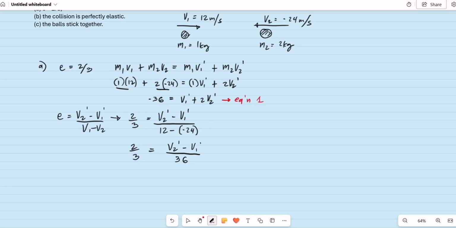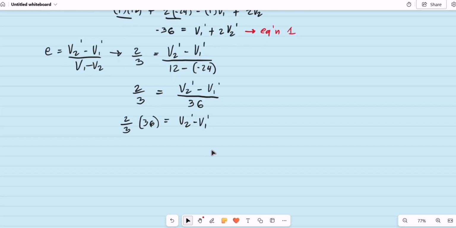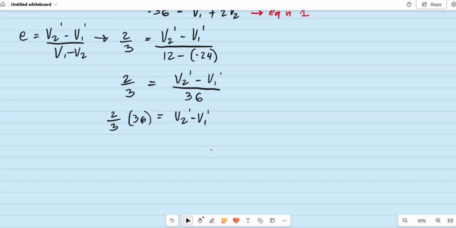By cross multiplication, this is now 2/3 of 36 equals v2 prime minus v1 prime. What is 2/3 of 36? 36 divided by 3 is 12, times 2 is 24.